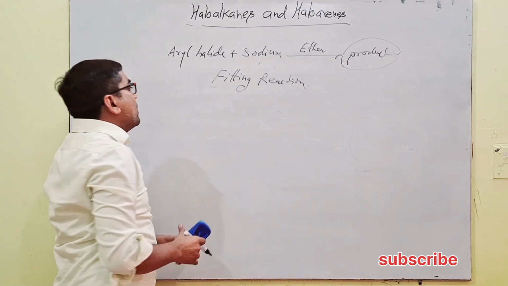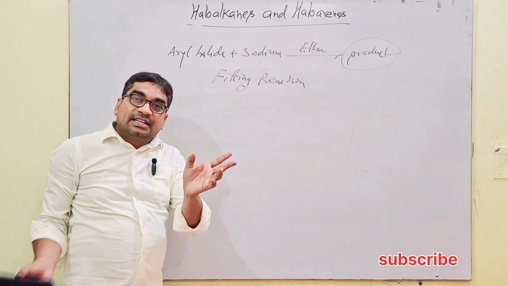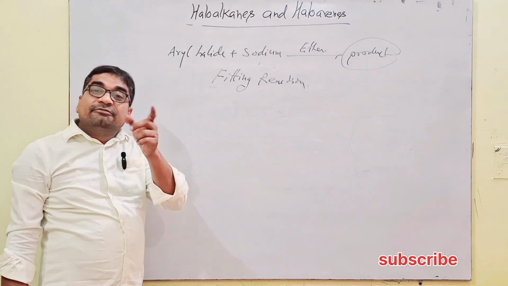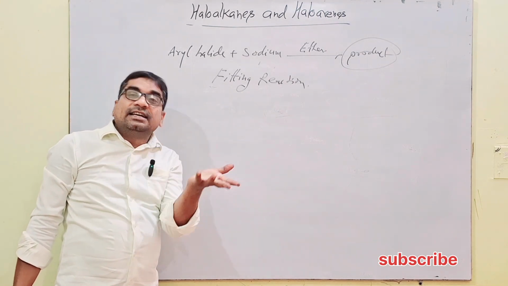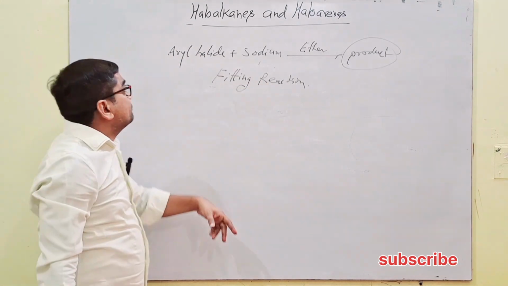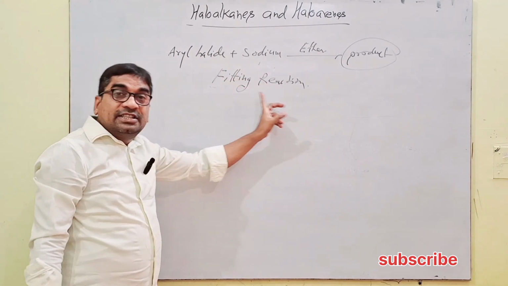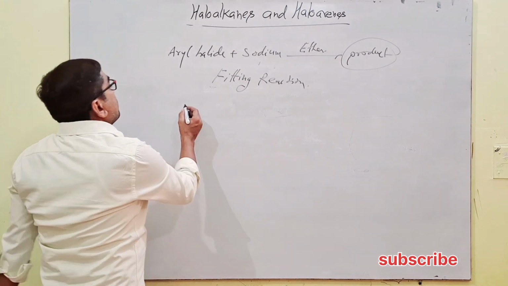So what does it mean? When two alkyl halides, identical or non-identical, react, it is the Wurtz reaction. When one alkyl and one aryl halide react with sodium metal, it is the Wurtz-Fittig reaction. And when two aryl halides react with sodium, it is considered a Fittig reaction.